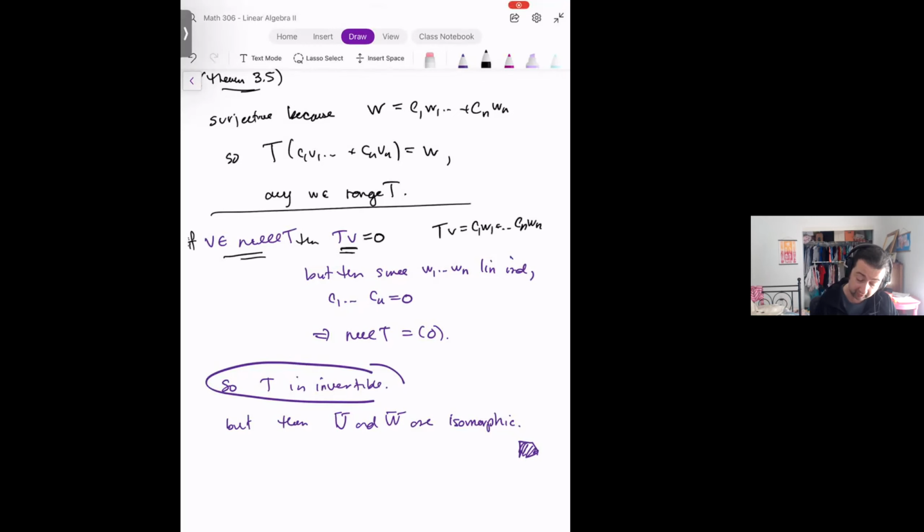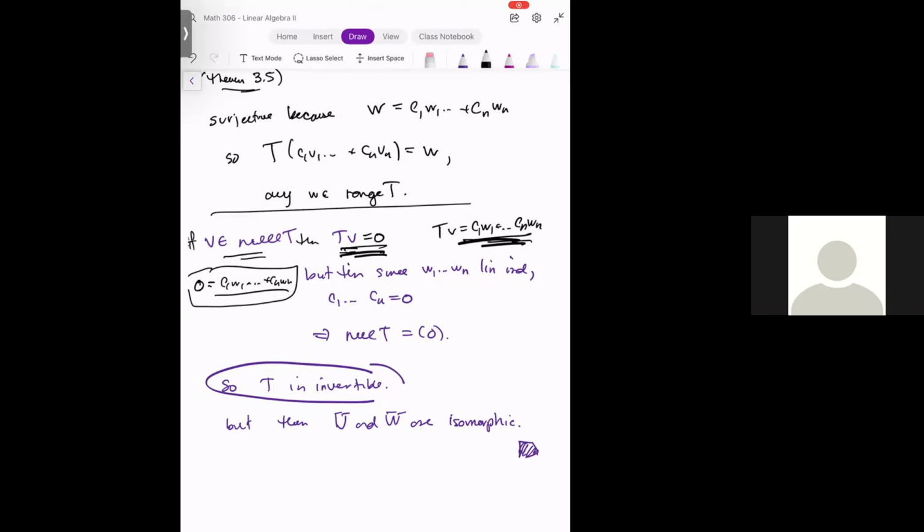So if you combine being in W with being in the null space, the equation you get is 0 is equal to C1W1 up to CNWN. So you're taking the null space equation and existing in the codomain and putting them together to get this equation. Then you use linear independence to conclude that those coefficients must all be 0. And so the only vector in the null space is the 0 vector. Okay, thank you. Yep.